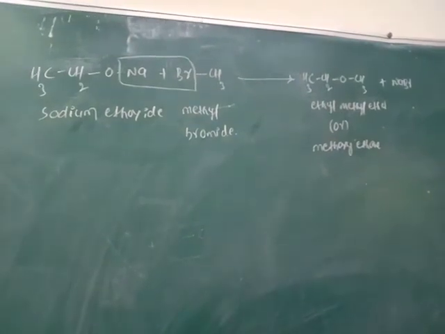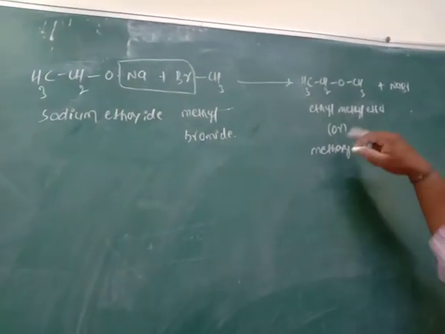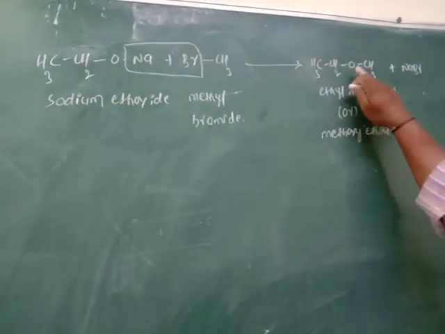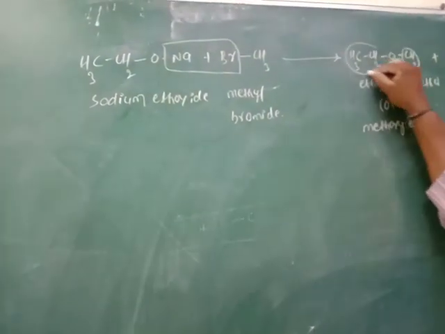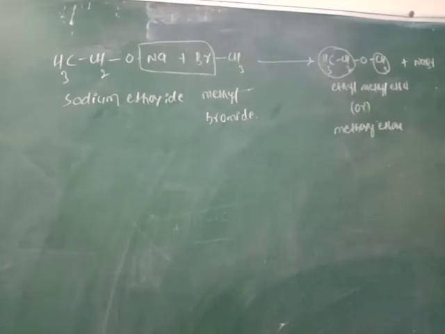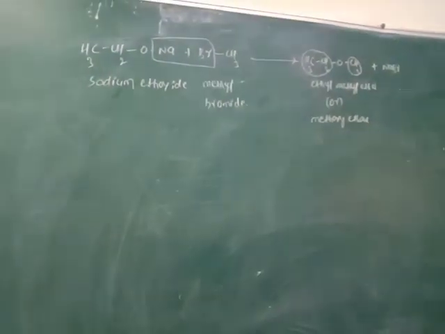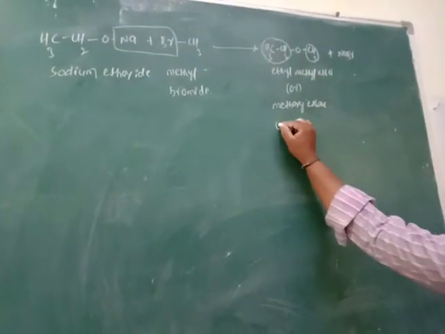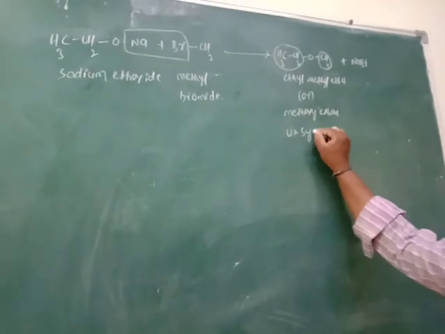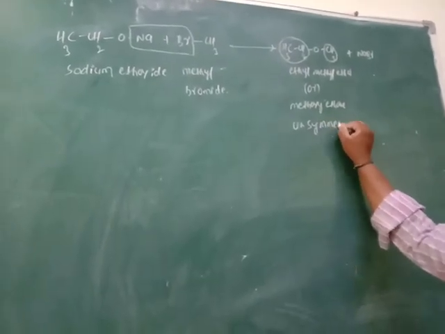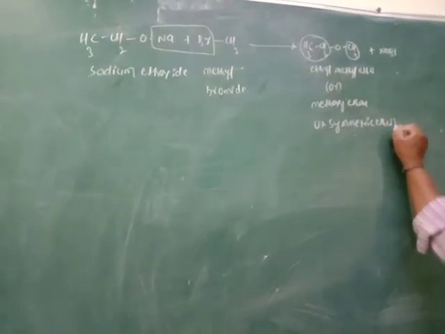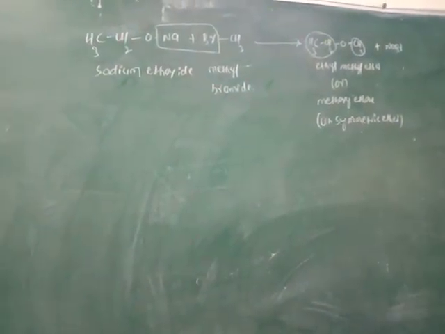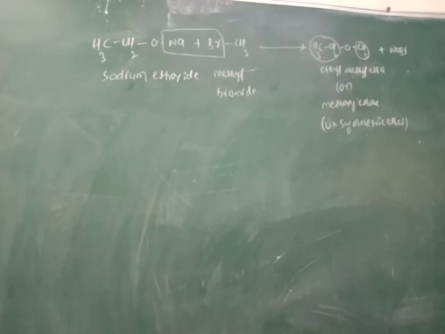The obtained ether is unsymmetric, because it is bonded with a methyl group and an ethyl group. Two different groups are present, so the obtained compound is an unsymmetric ether. So these are the preparation methods of ethers.